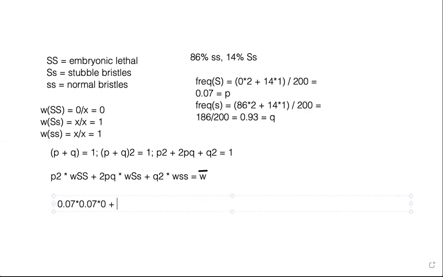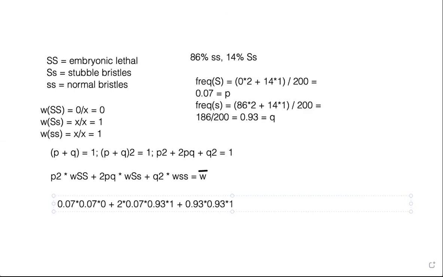And then the next term is 2 times 0.07 times 0.93 times 1. And then the next term is 0.93 times 0.93 times 1.